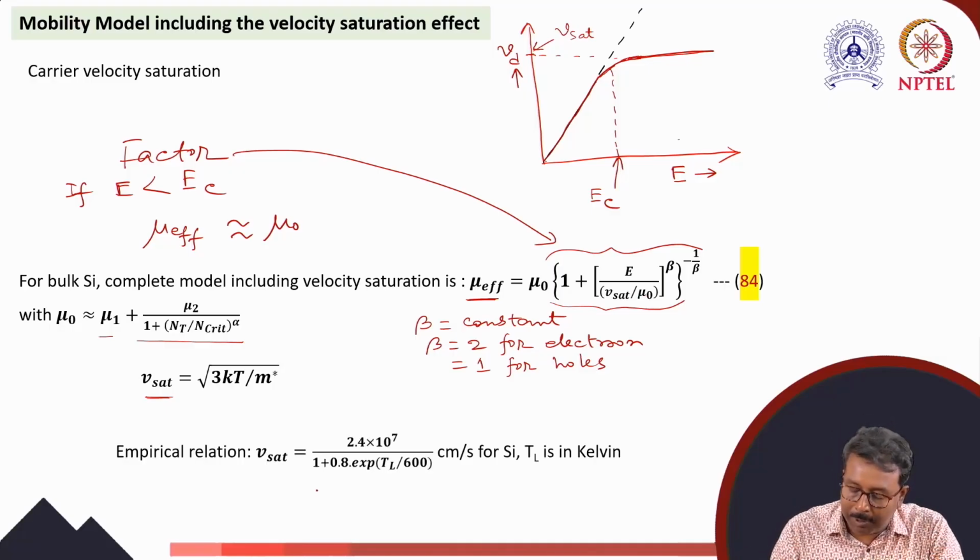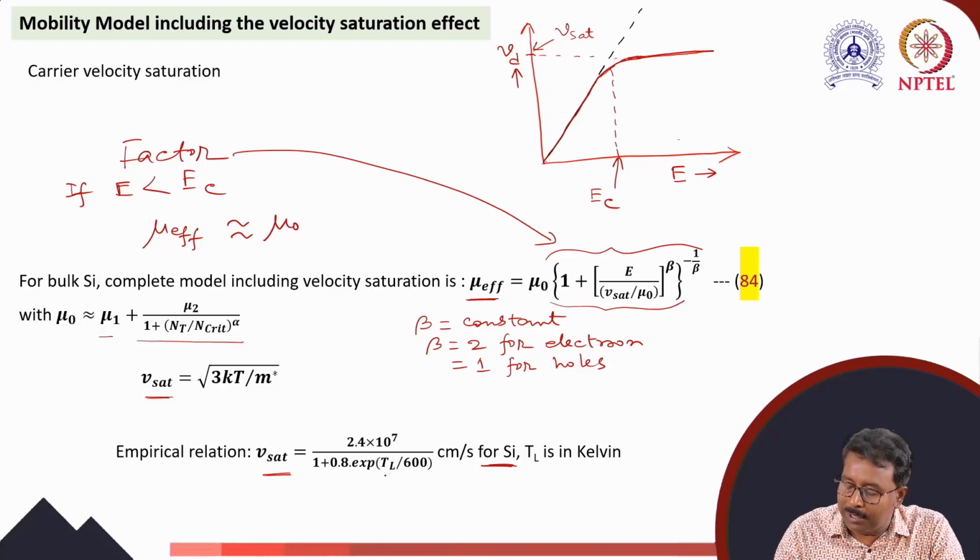Another empirical formula for velocity saturation was also proposed by some scientists. This is like this: 2.4 times 10 to the power 7. This is for silicon, be careful. And TL is the lattice temperature. You have to put TL in this equation in Kelvin. So it is 1 by 1 plus 0.8 exponential TL by 600.